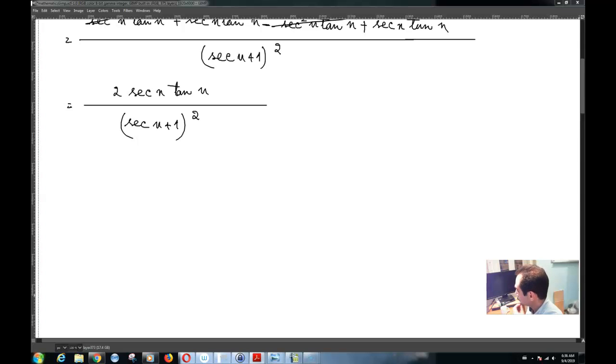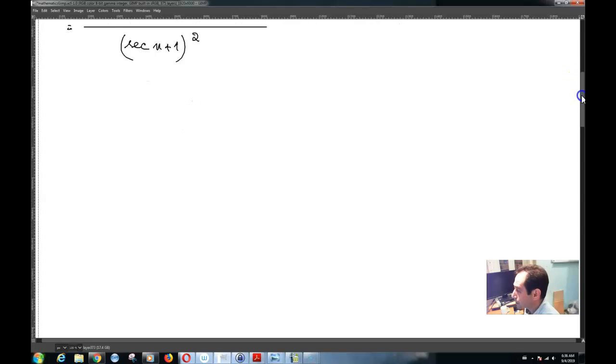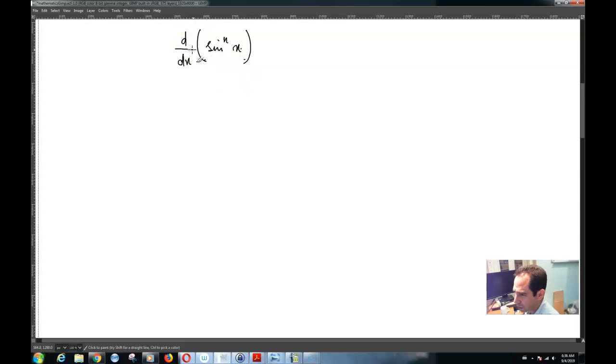Number 19 is sine raised to the power n of x. So if you want to find the derivative of sine raised to the power n of x, how would you do that?